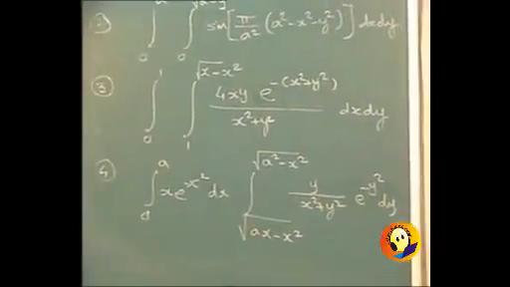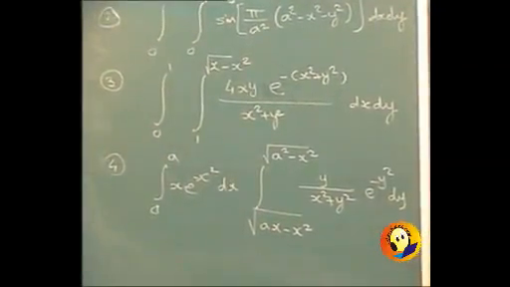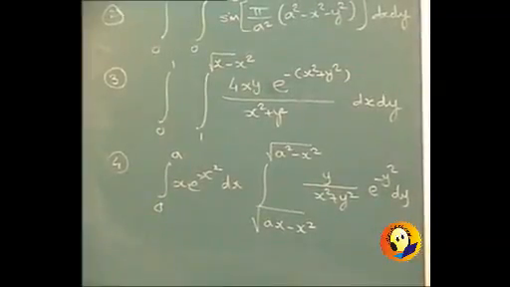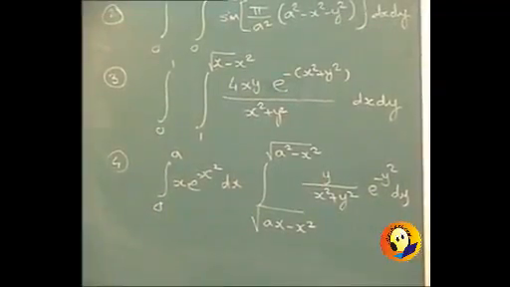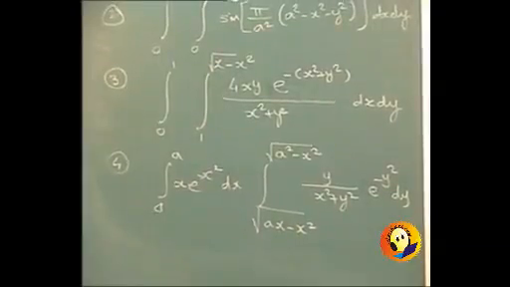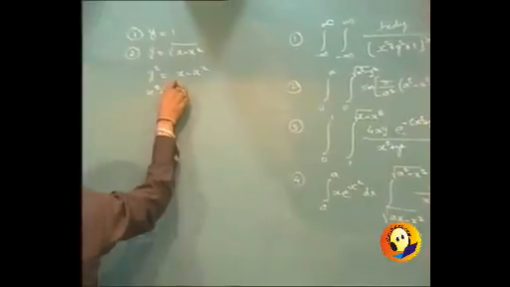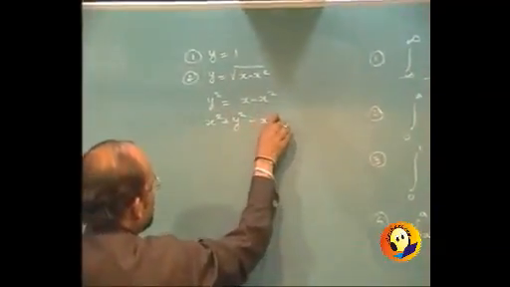So the limits are y equal to 1 to y equal to under root x minus x square, the second boundary, which can be interpreted as y square equal to x minus x square, that is x square plus y square minus x is equal to 0.